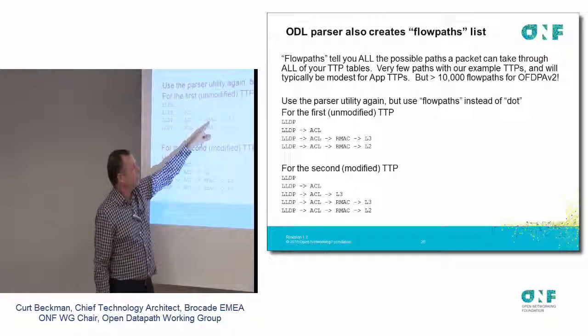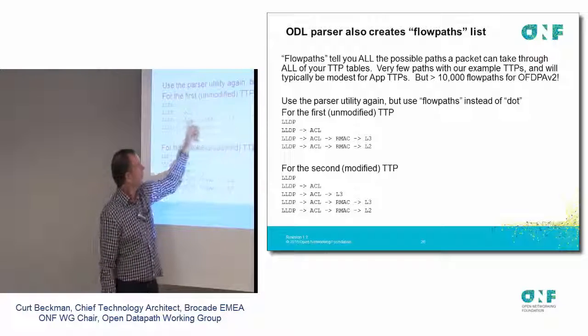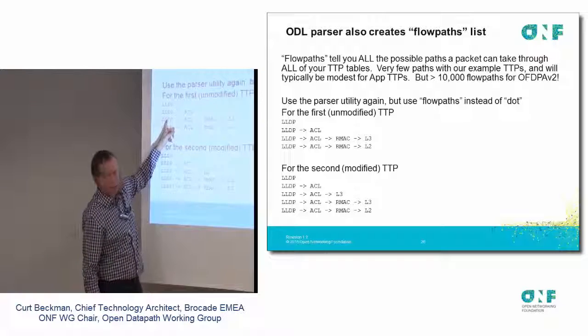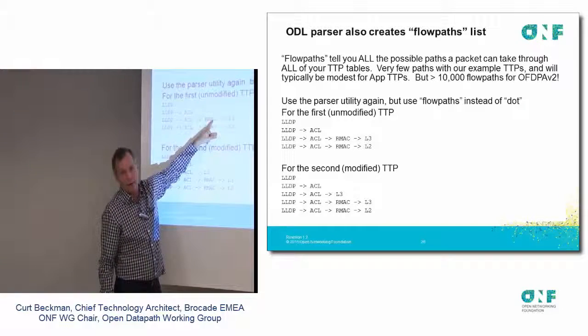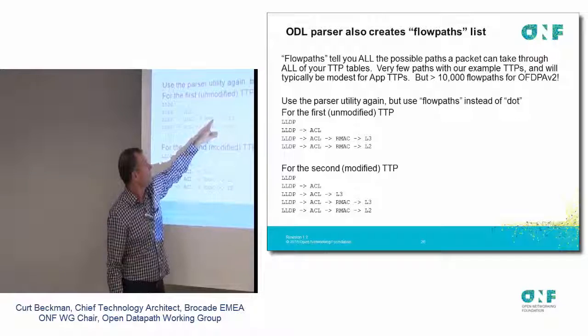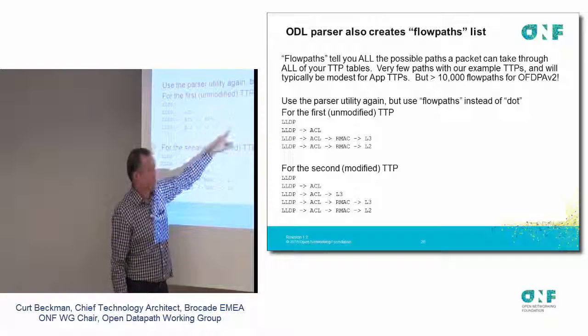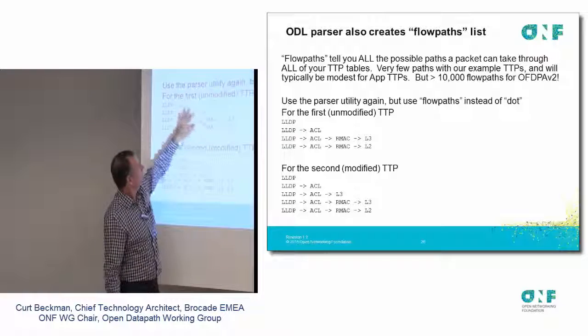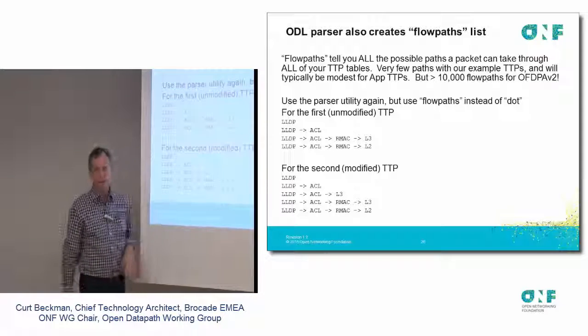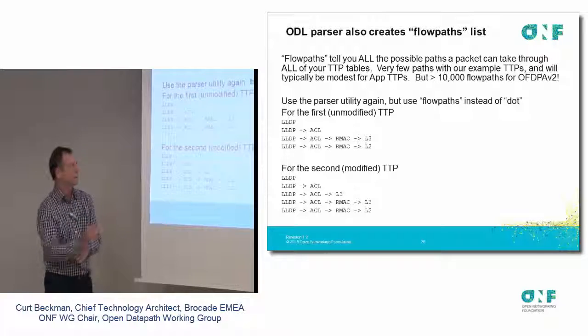If it gets to the RMAC, it's going to go one of two places. Basically it says it's not a link layer packet, I don't need to drop it, then let me check and see if I need to route this or switch it. But it'll either route it or it'll switch it. It'll never drop it or send it to the controller, right? So you can sort of see, okay, these are the 4 basic cases in my original TTP.